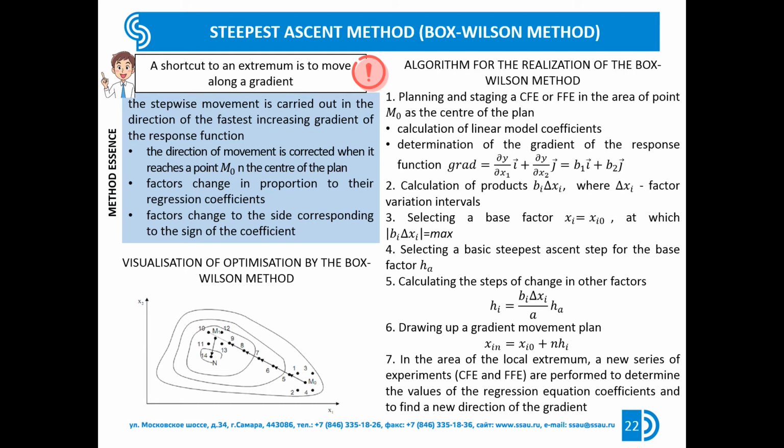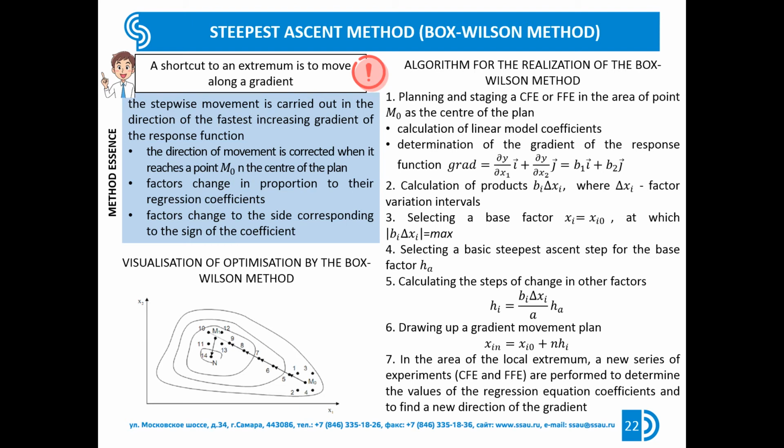The algorithm of the Box-Wilson method comes down to the following sequence of operations. First, planning and setting up a complete or fractional factor experiment in the area of point m0 as the center of the plan. The coordinates of the individual trials for the two-factor experiment correspond to points 1 to 4.